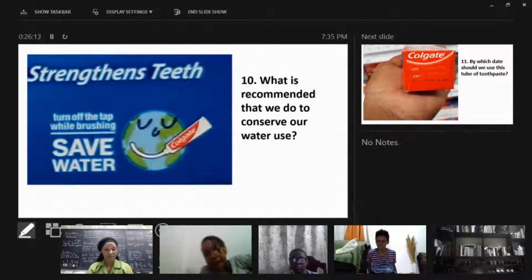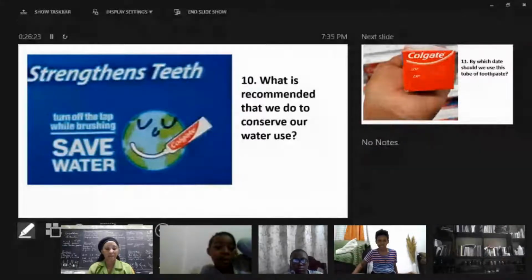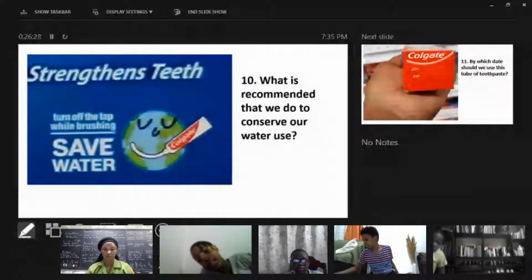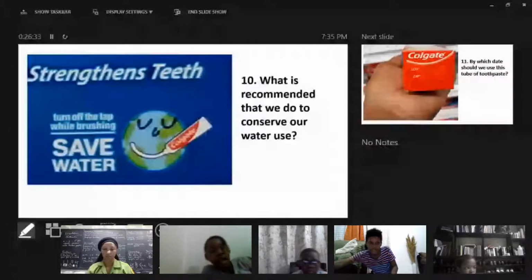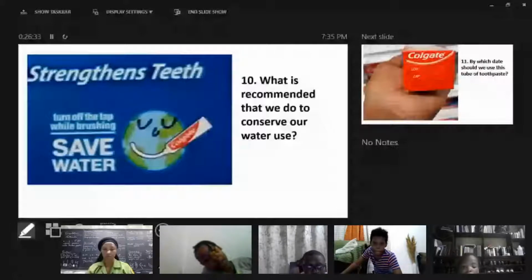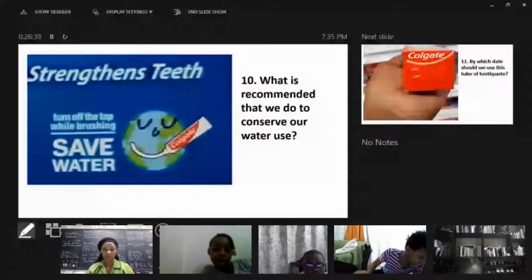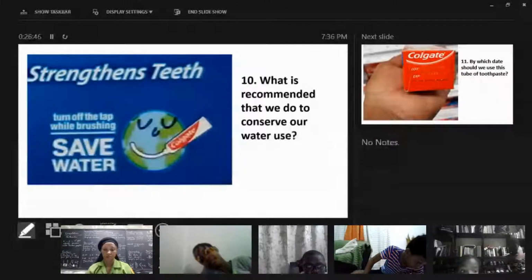Strengthens teeth. Turn off the tap while brushing. Save water. Number 10. What is recommended that we do to conserve our water use? Miss, I say turn off the tap while we're brushing our teeth. That is correct. All right.